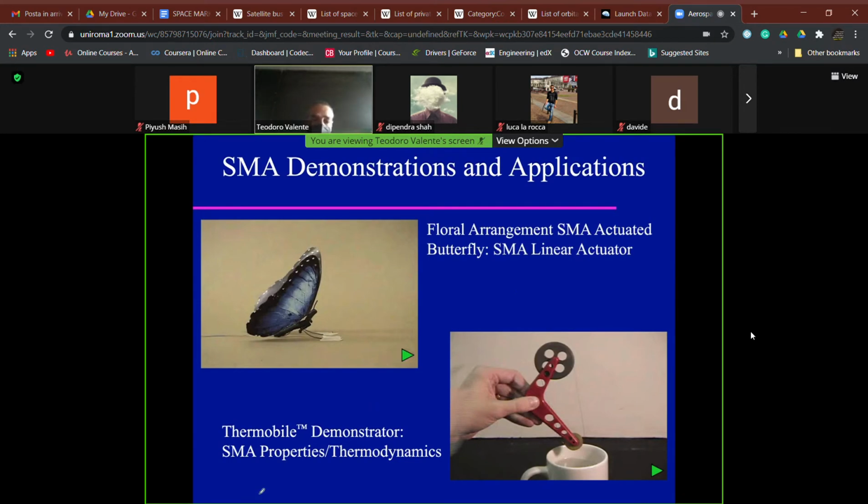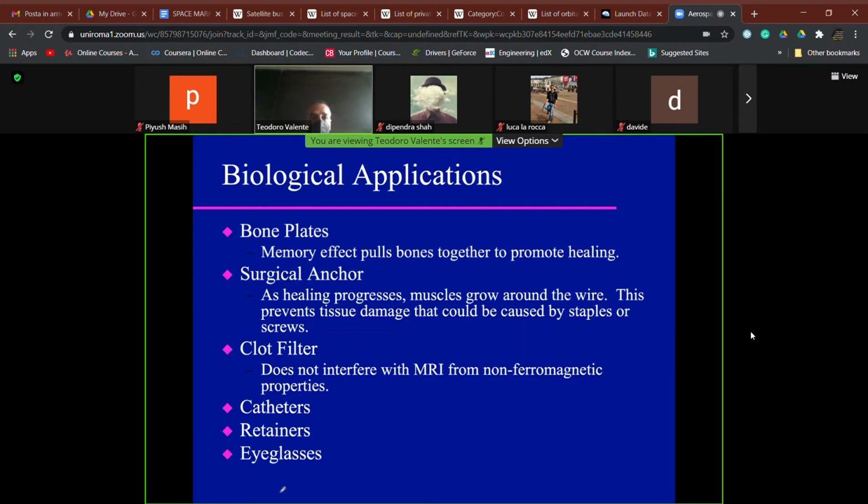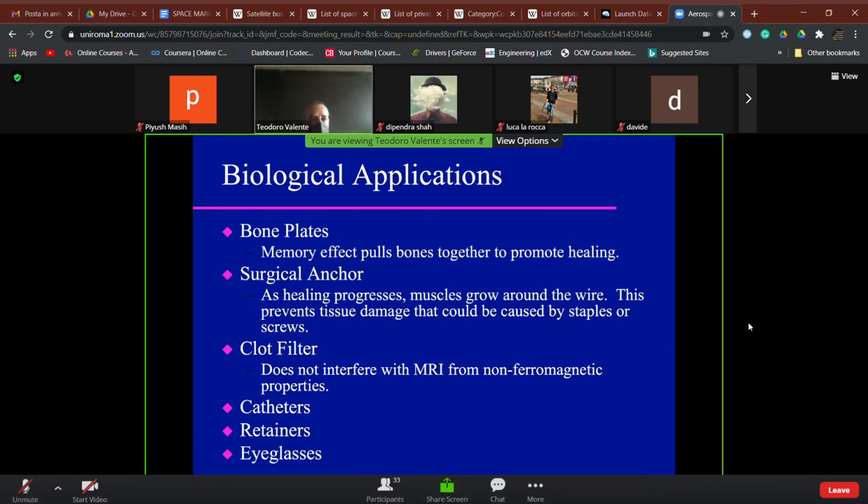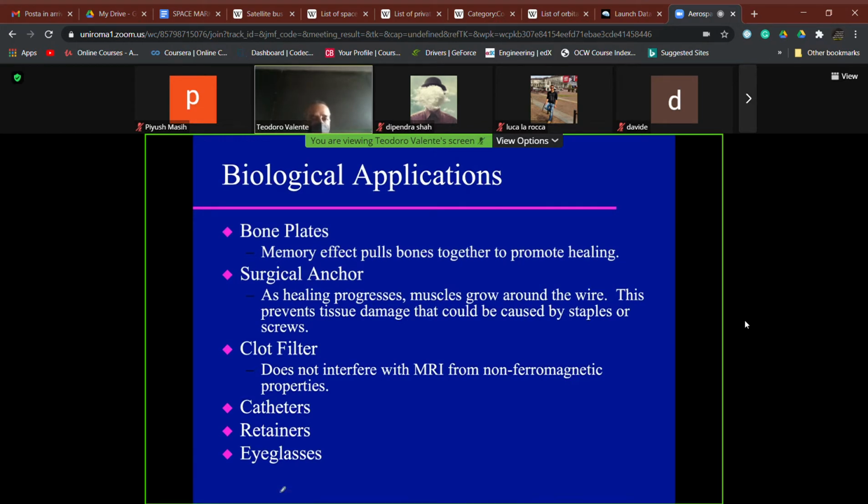Linear actuators, as we already said, but also other applications outside our fields, because in the biological fields shape memory alloys are quite extensively used. For example, in bone plates, in surgical anchors, in clot filters, etc., as well as eyeglasses that we have already mentioned.